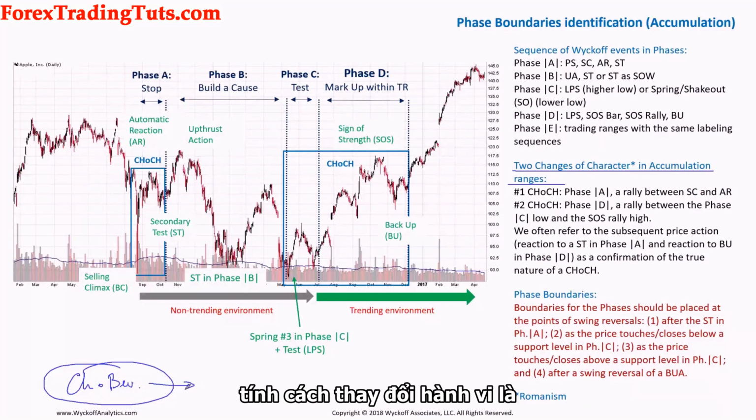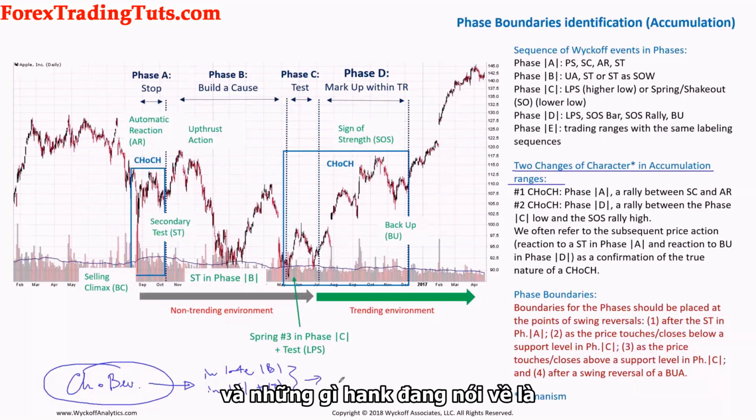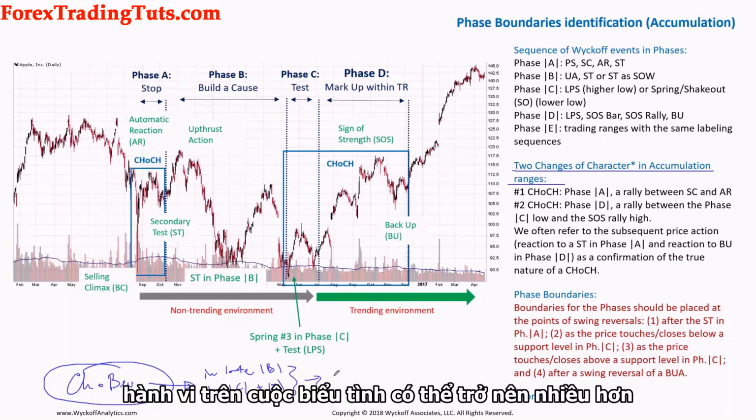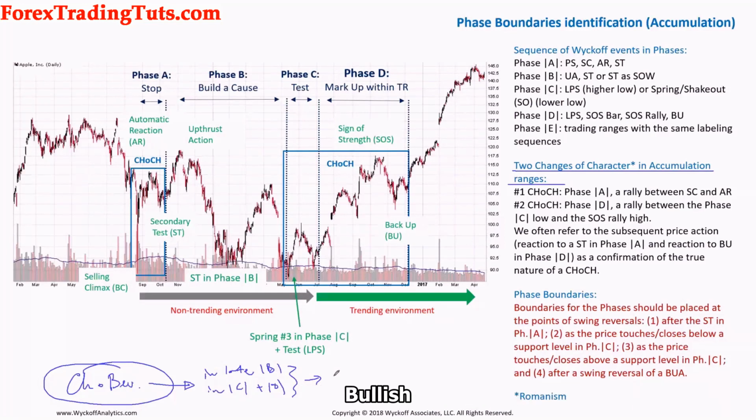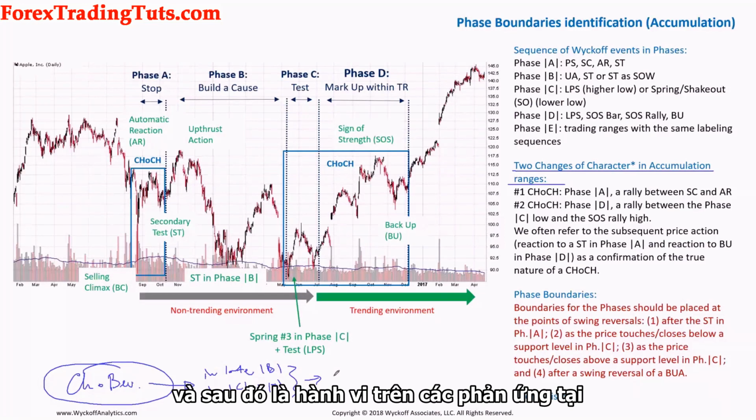So change of behavior was basically identified in late phase B and in phase C and in phase D. And what Hank was talking about is a change in behavior: behavior on the rally could become more bullish, and then behavior on the reactions at some point could become more bullish as well.